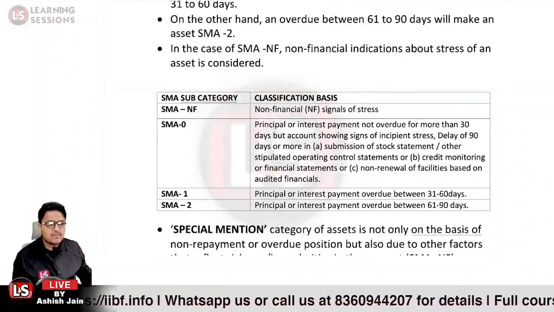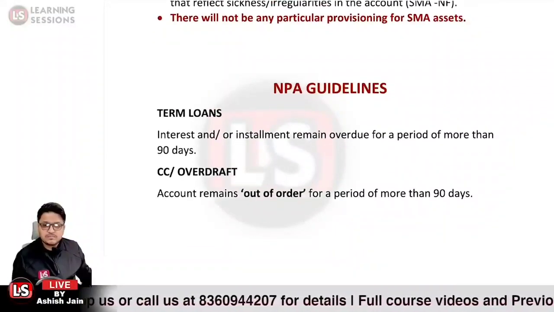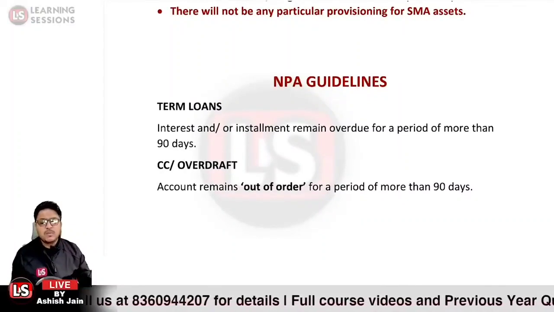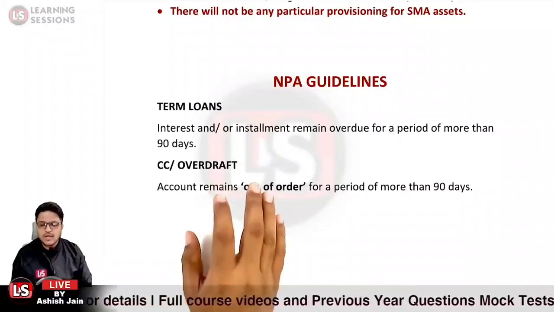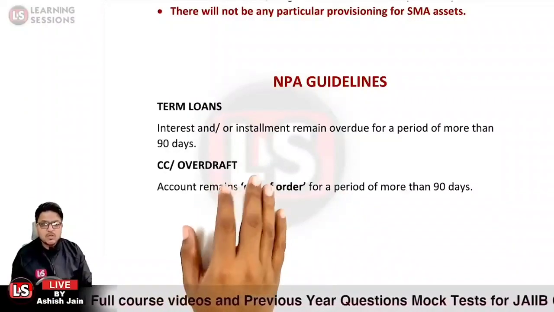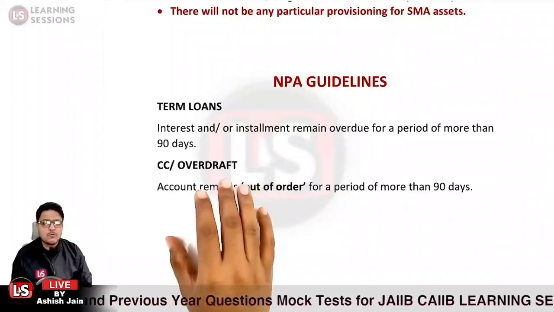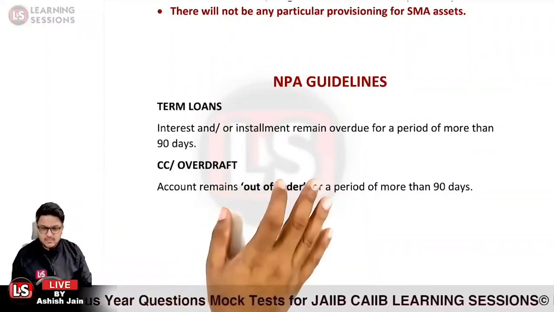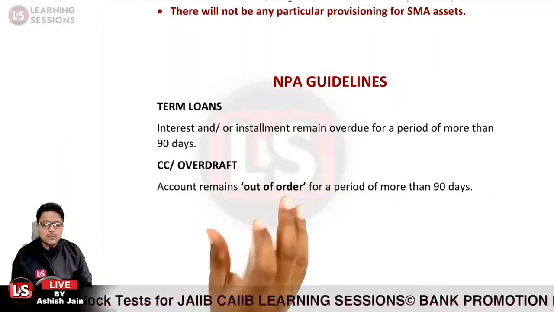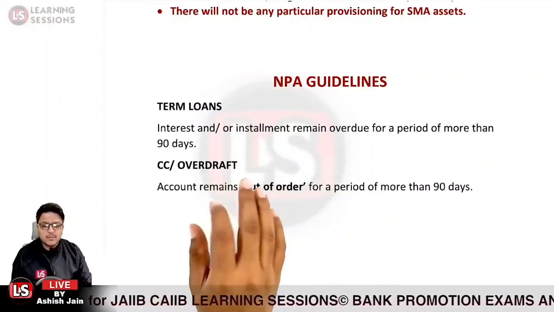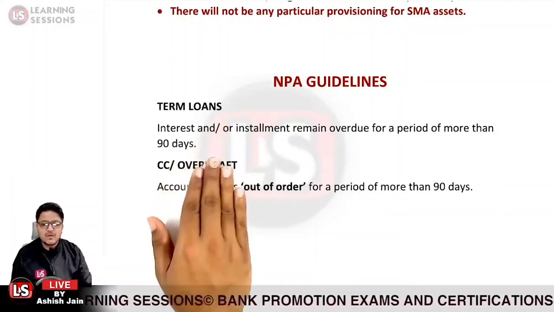Then, after that special mention category, let us have a look at the theory related to the NPA guidelines. First of all, it is related to term loans. If the interest or the installment or both remain overdue for a period of more than 90 days, the loan will be classified as a non-performing asset in the case of a term loan.